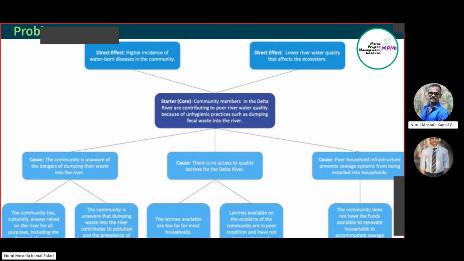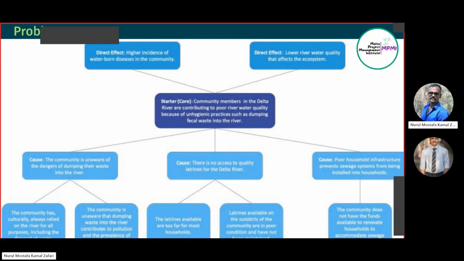Because the water was contaminated. Why was the water contaminated? Because the people were dumping their household wastes and fecal wastes, and also the fertilizer industries were dumping their untreated or low standard treated waste water into the river. The local agency is corrupted and they have little control over the fertilizer companies. So this is the case.